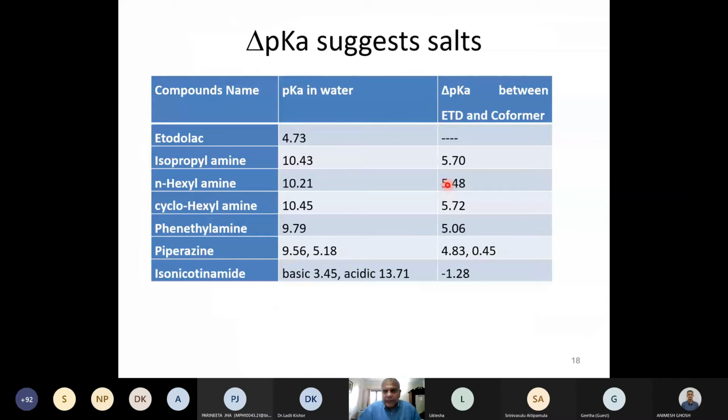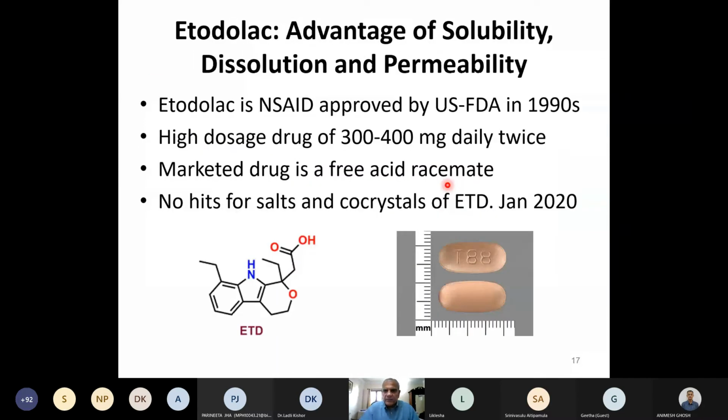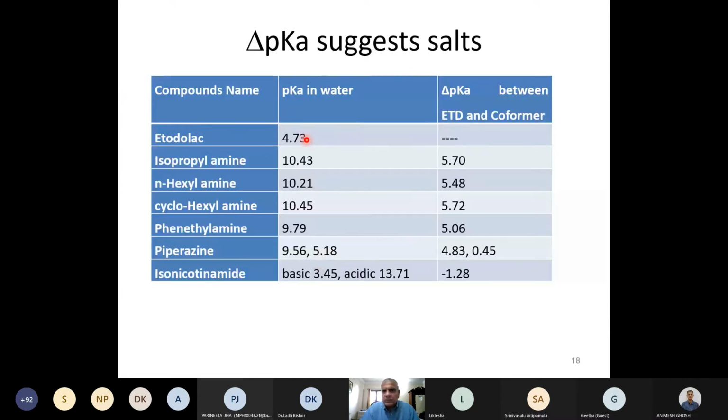So again, we come back to PK. As I just said, this is a racemic drug. It has a chiral center, but the drug is a racemate and it has a carboxylic acid group. So therefore, the choice would be to look at bases with a certain pK, and the carboxylic acid has a typical pK of 4 to 5, which is normal for a carboxylic acid.